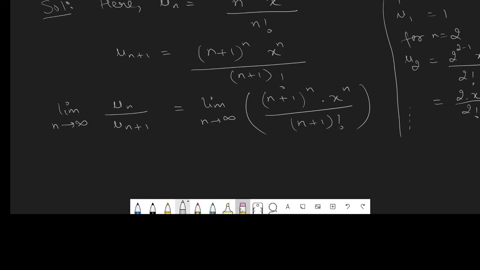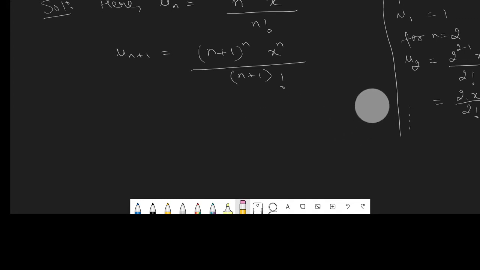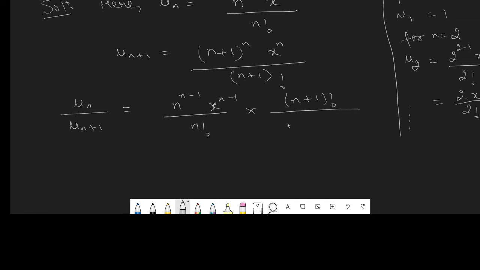Okay, there's a mistake. The mistake is that first we need to find un divided by un plus 1 to apply the ratio test. So it will be n power n minus 1 x power n minus 1 divided by n factorial, multiplied by n plus 1 factorial divided by n plus 1 power n x power n.